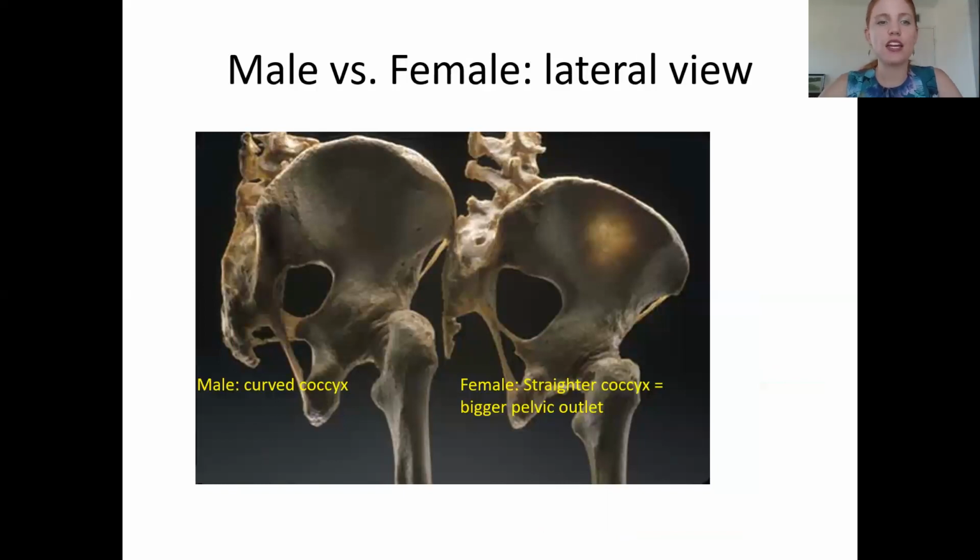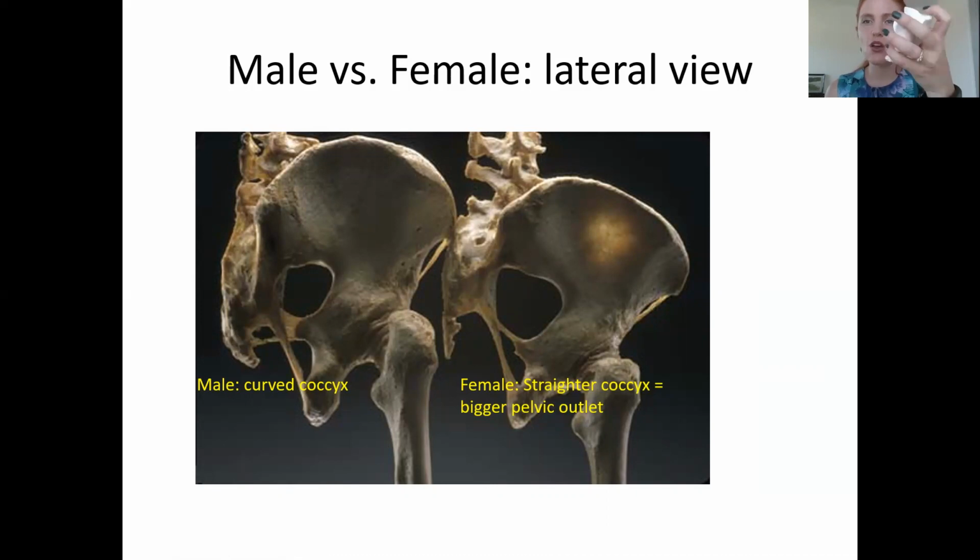The other thing is, remember that the baby has to go all the way through, so it's not just about the inlet, but the exit as well. When you look here, there's the pelvic outlet right there. For males, because no baby head needs to go through there, the sacrum is going to be more curved. On top of that, the coccyx is going to be longer and straighter. So I'm looking at my coccyx.